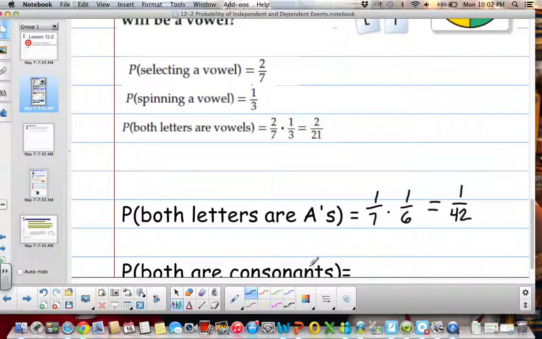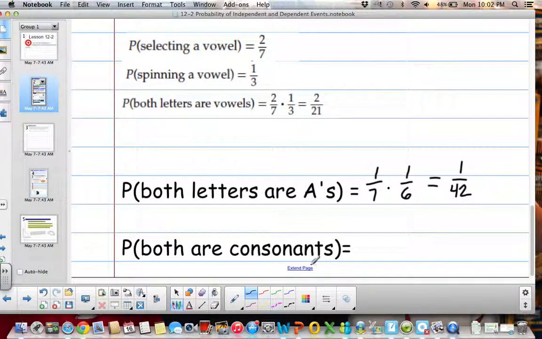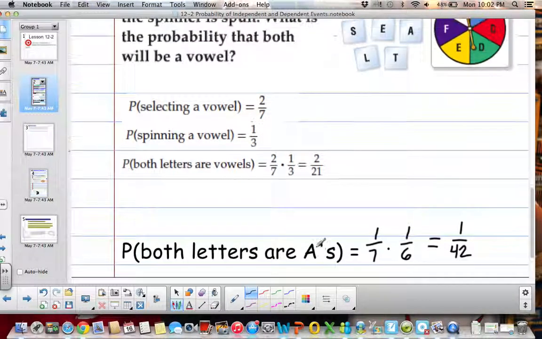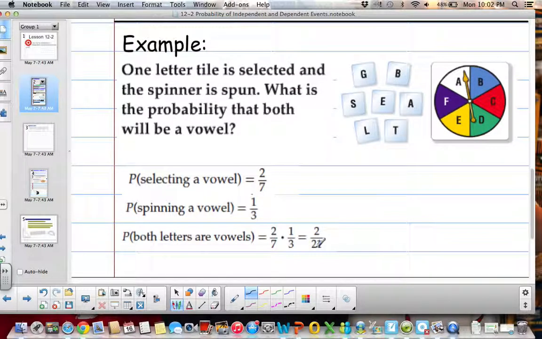Okay, probability that both are consonants. I want you to pause me and figure out the probability that both are consonants. And I'm going to scroll up so you can see here. Okay, so we know that there are 1, 2, 3, 4, 5 consonants.